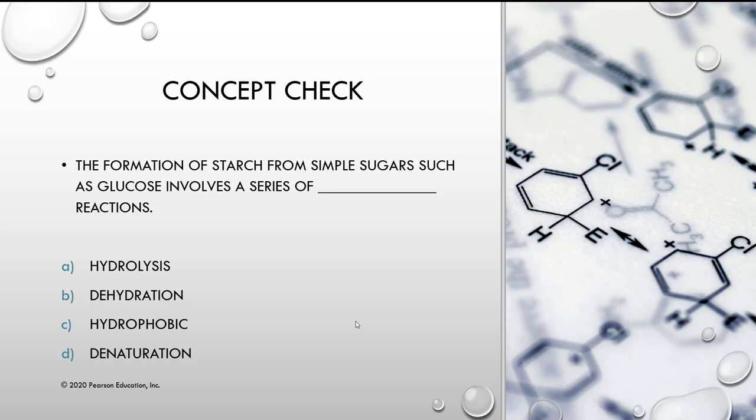If we're forming a polymer from monomers, we undergo dehydration reactions. So we take the monomers, take out a water molecule to link them together, so we're dehydrating them to form the bigger molecules, the starch. So B is the correct answer.